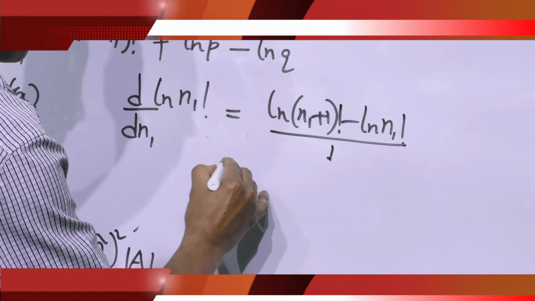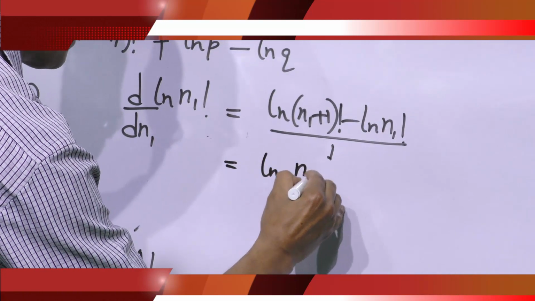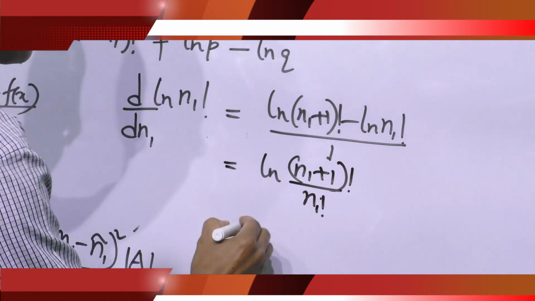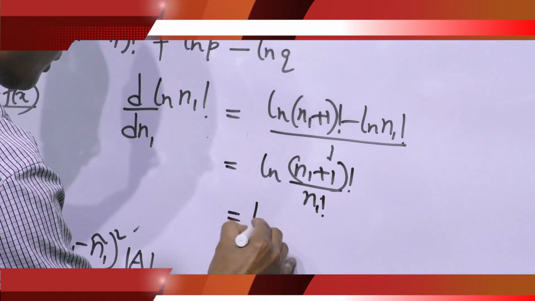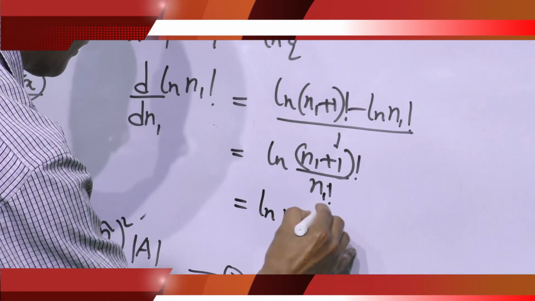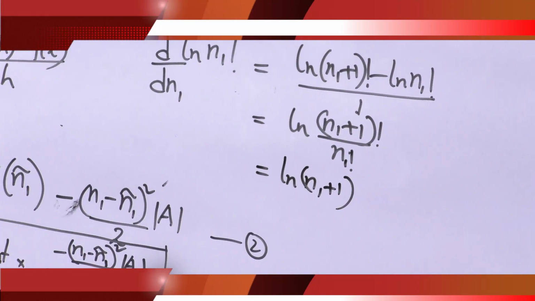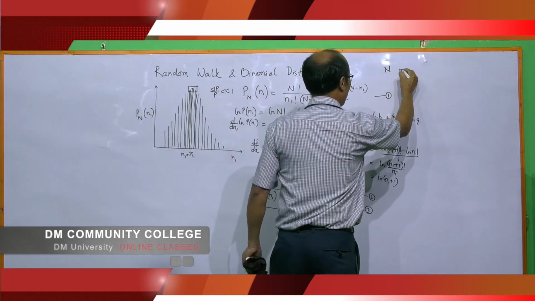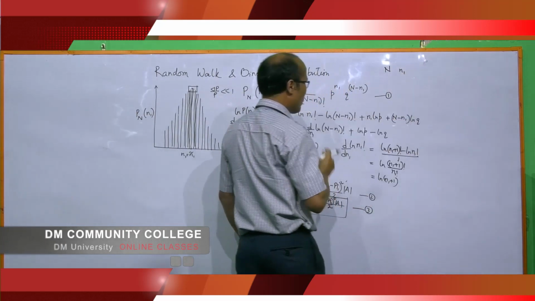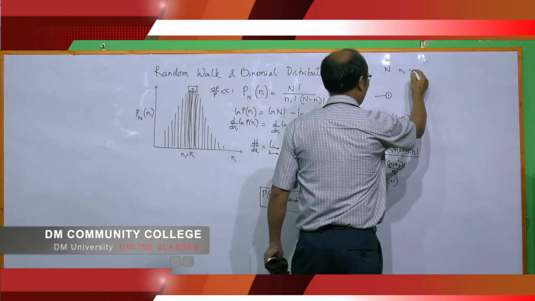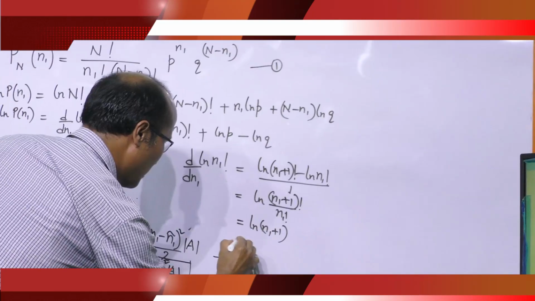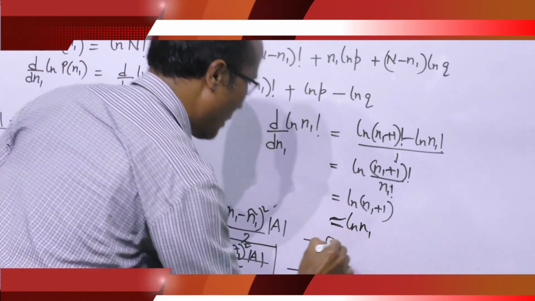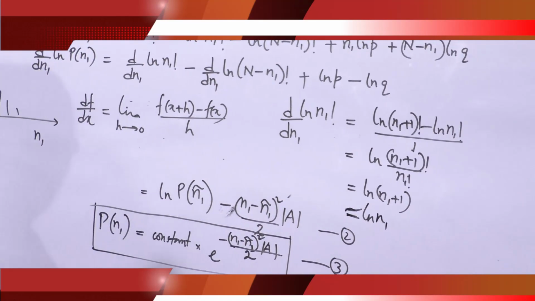This is equal to log of (n1 plus 1) factorial divided by n1 factorial, and this is equal to log of n1 plus 1. And since we are taking n very large, we can also take n1 to be very large as compared to 1. So in this case, this is approximately equal to log of n1.